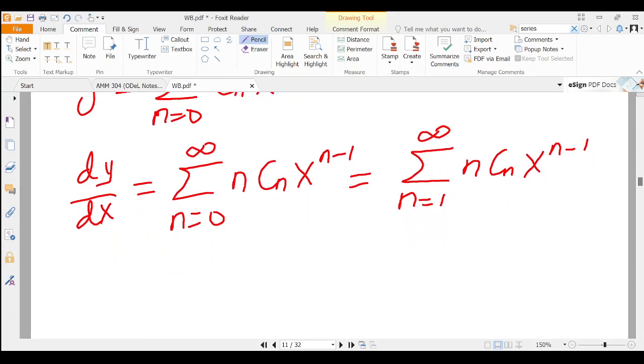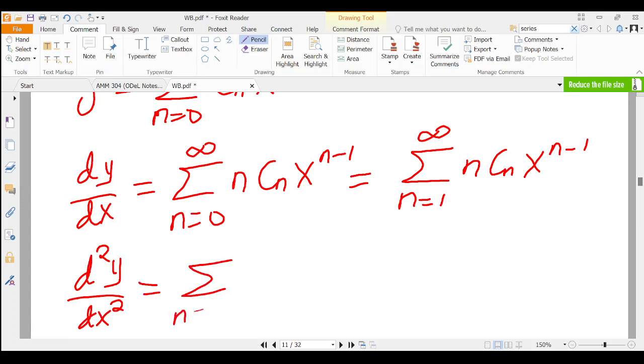Now differentiating again, we get d squared y by dx squared is equal to the sum now from n is 1 to infinity of n times n minus 1 cn x raised to power n minus 2. And again, we notice that the first term of this expansion, when we consider n is equal to 1, the coefficient here becomes 0.